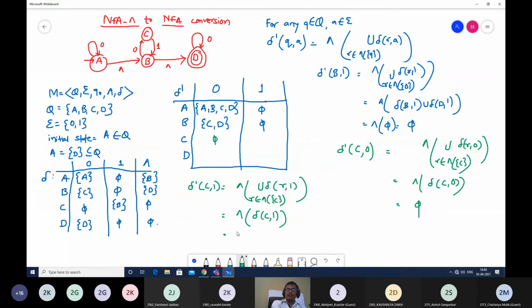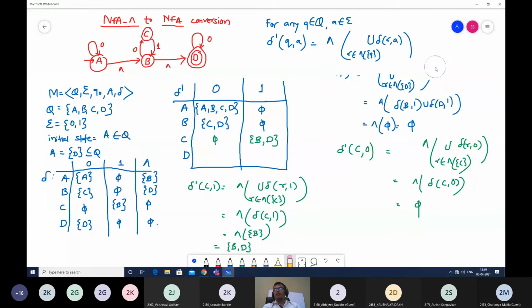C comma 1 is B. So this will be null closure of B. Null closure of B is B comma D. So this answer will be B comma D.